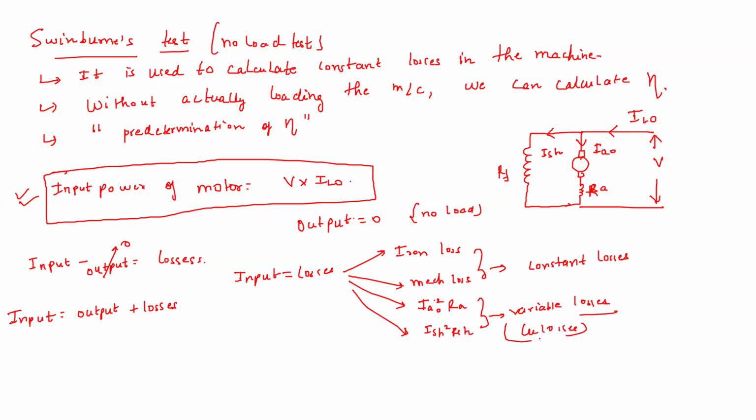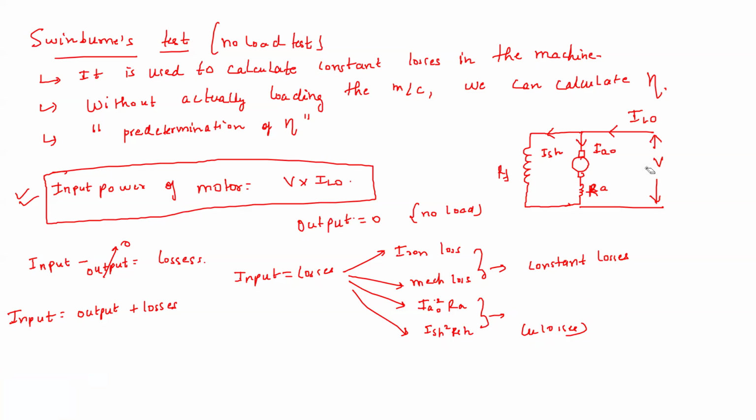Now from this Swinburne's test, what we do is we find out the constant losses. If you see the ISH square RSH loss, the copper loss of the field winding, it is not a variable loss. Can you tell me why?